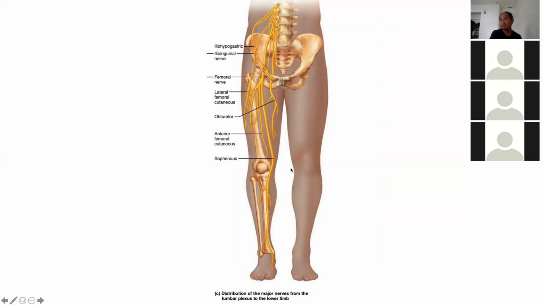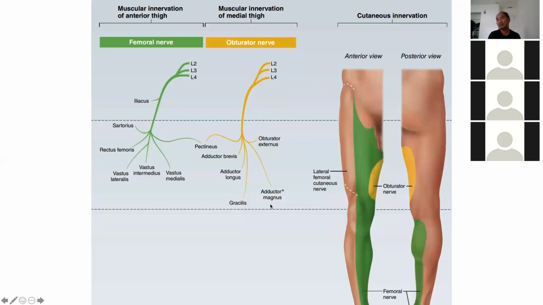So if we have sensation on the medial aspect of our leg, thigh and leg, yeah, it is the femoral nerve. Look at the femoral nerve here. Only the little patch here is supplied by the obturator nerve, which is coming out from the obturator foramen: anterior portion of the thigh, medial aspect of the knee, and medial aspect of the leg.